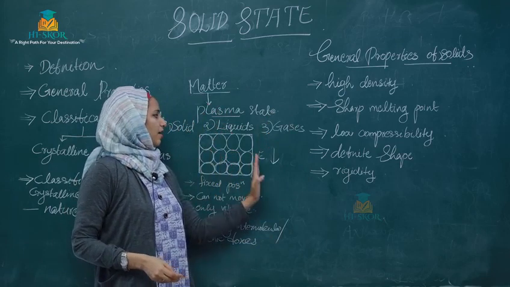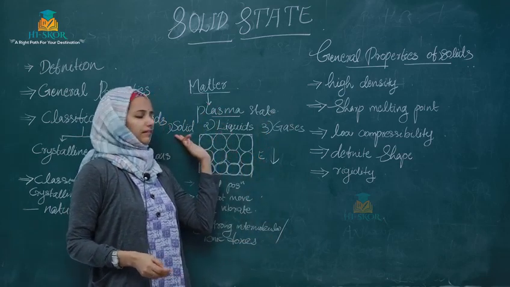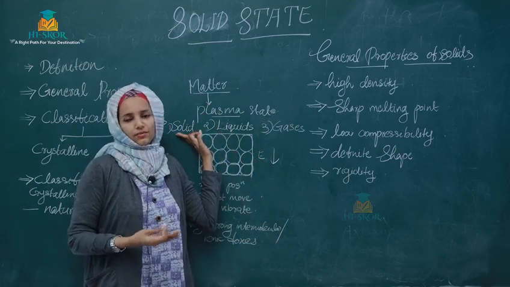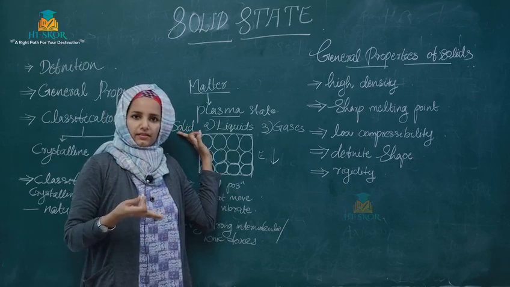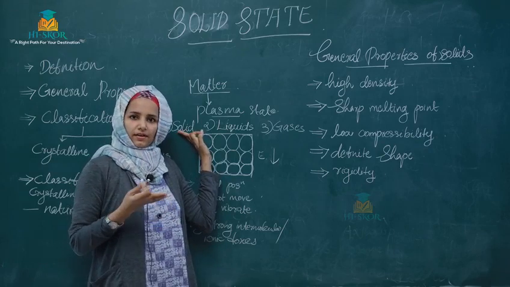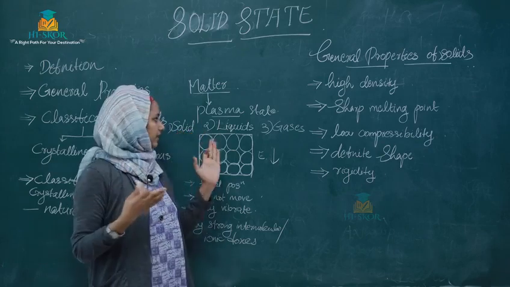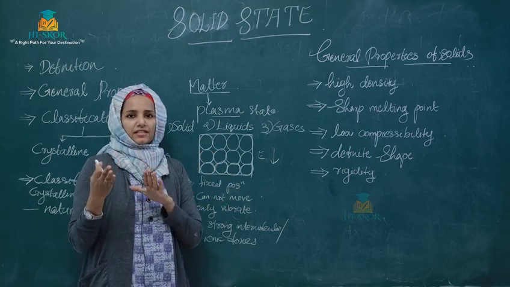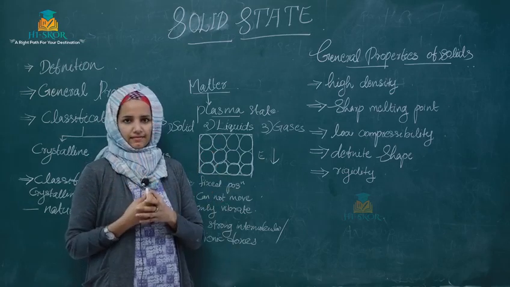When you give any heat energy to a solid, it acquires thermal energy and its kinetic energy increases. Then the particles become mobile and it transforms to the liquid state.